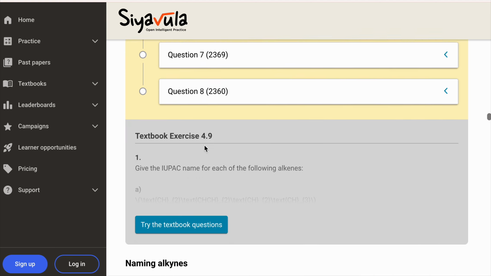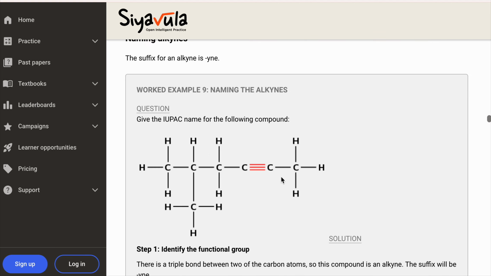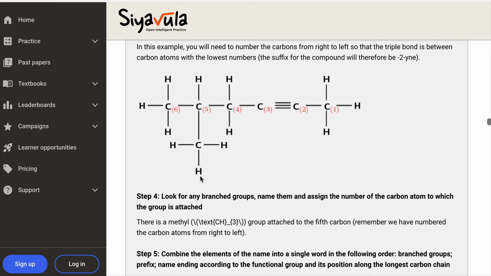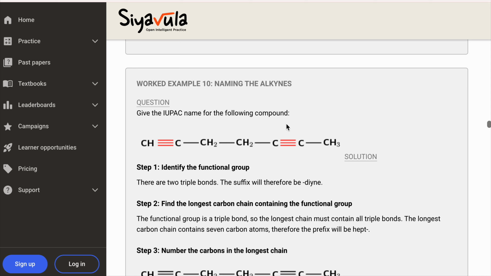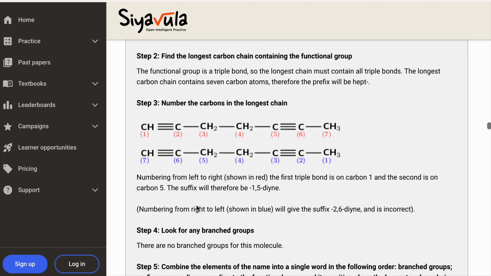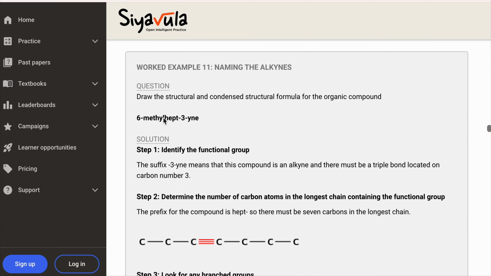Good. Then yne, if a triple bond is present. IUPAC name of this: 1, 2, 3, 4, 5, 6, 7. Hept-1-yne, 1,5-diene.